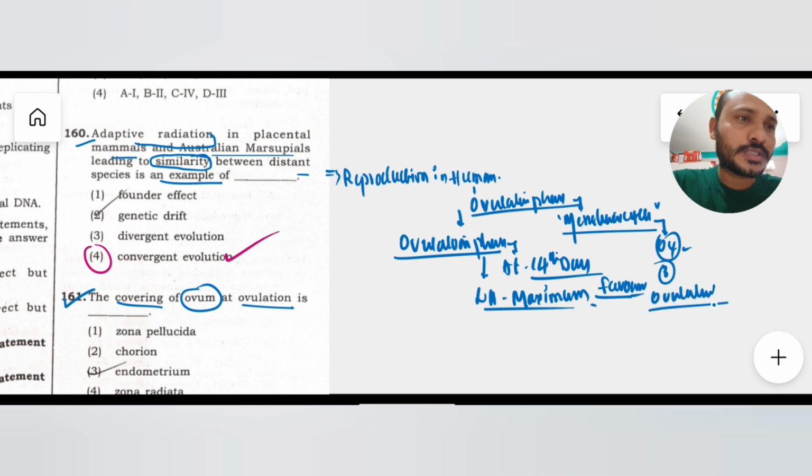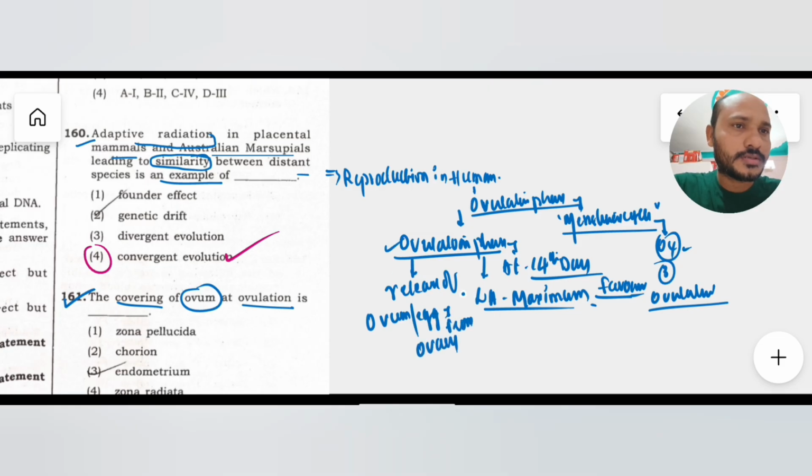Ovulation means release of ovum, also called egg, from the ovary. Then the ovulation phase occurs, in which the ovum is released.